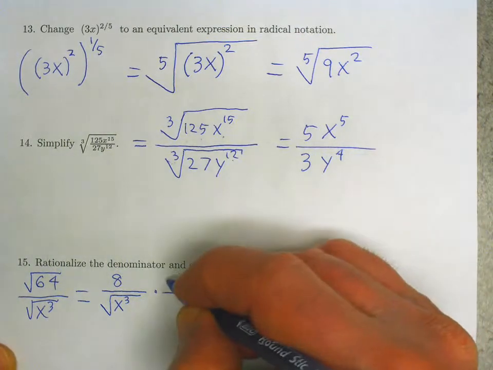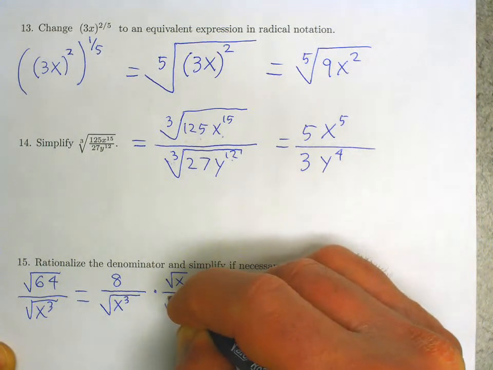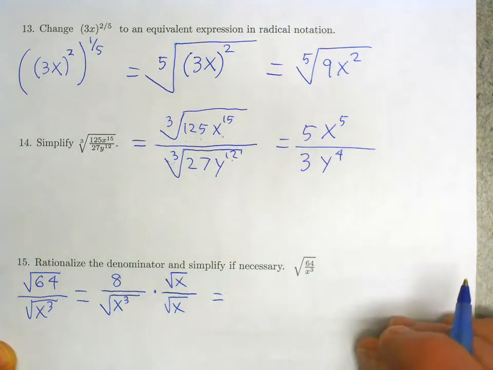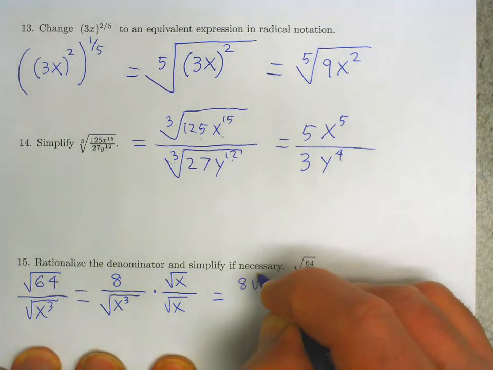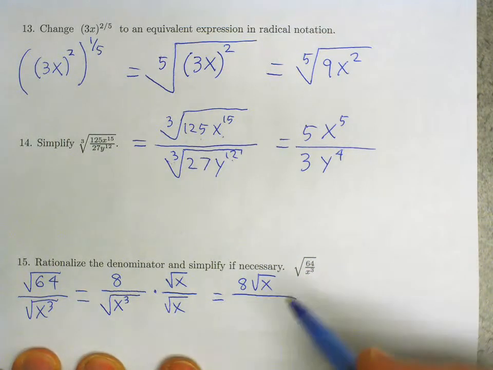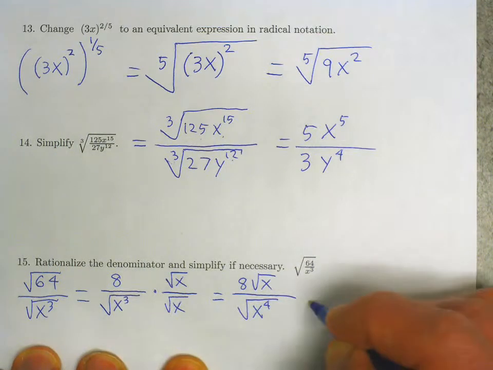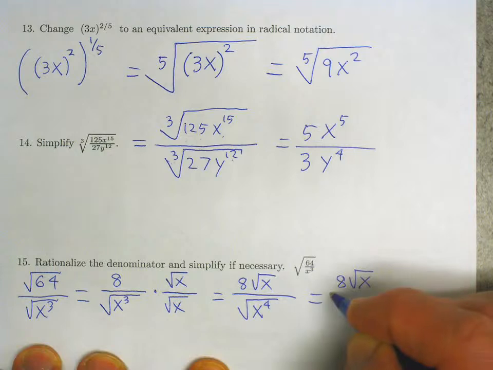So if I multiply by 1 in the form the square root of x divided by the square root of x, then I'll be able to rationalize the denominator. So in the numerator, we have 8 times the square root of x. In the denominator, the square root of x to the third times the square root of x is the square root of x to the fourth. And then the final step, 8 times the square root of x in the numerator.